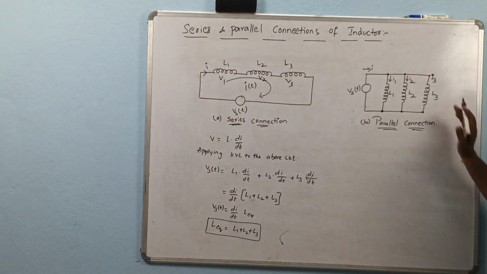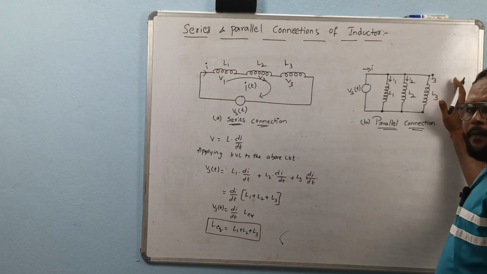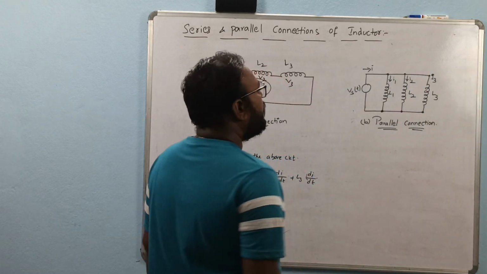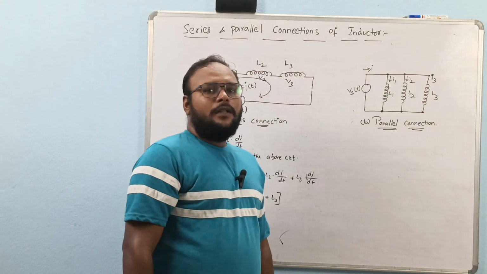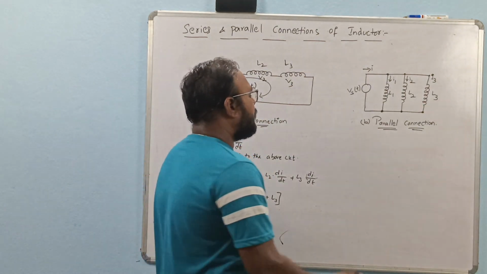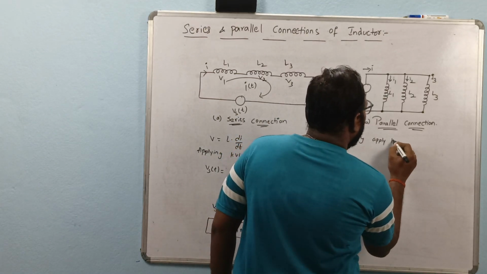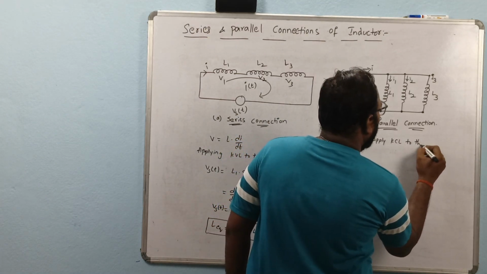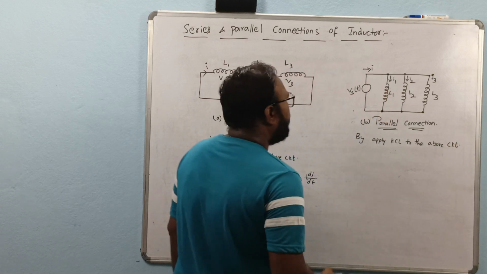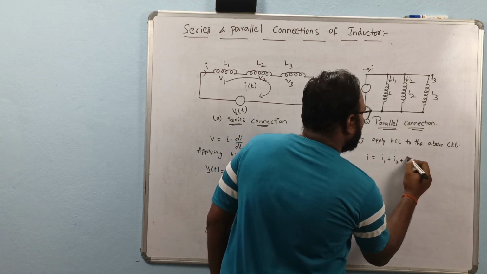Now coming to the parallel connection of inductive circuit. This is the parallel circuit, so what do we apply? Kirchhoff's current law. By applying KCL to the above circuit, we get i is equal to i1 plus i2 plus i3.